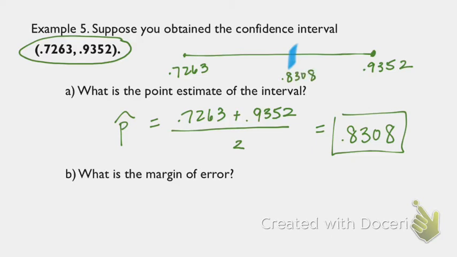My margin of error is now the distance from my midpoint to the outside.